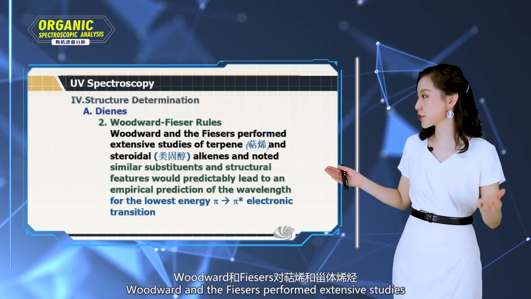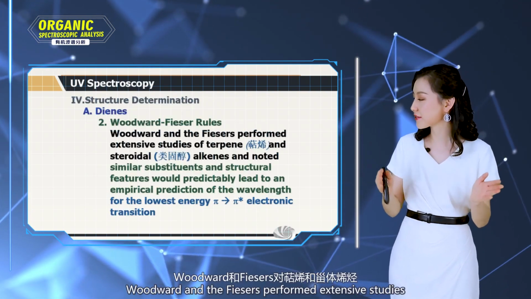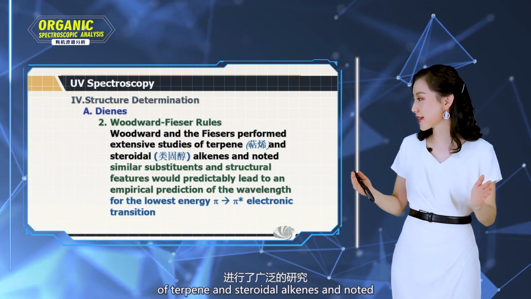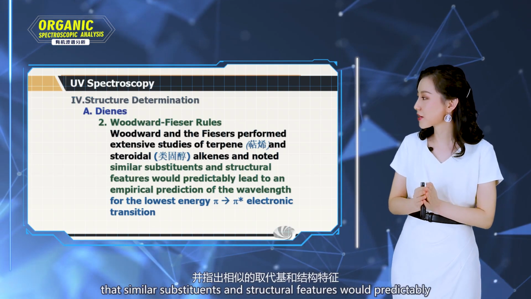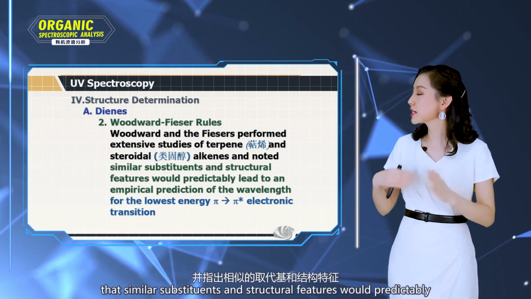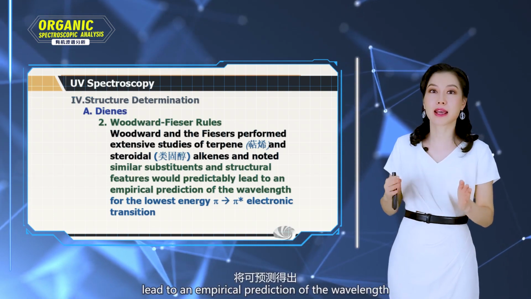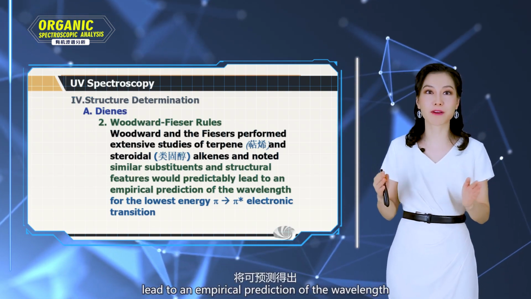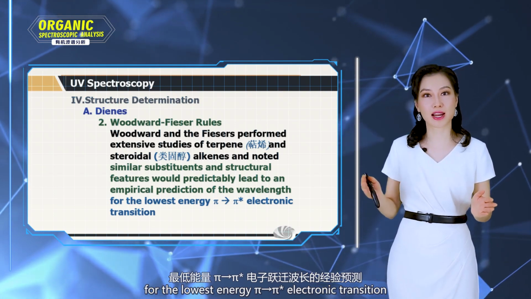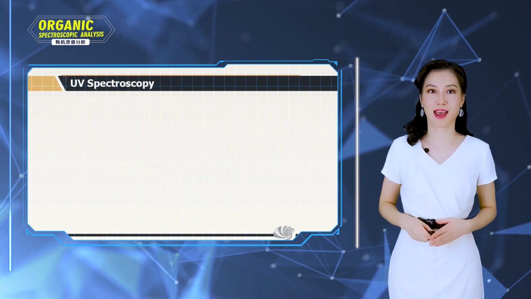Woodward and Fieser performed extensive studies of terpenes and steroidal alkenes and noted that similar substituents and structural features would predictably lead to an empirical prediction of the wavelength for the lowest energy pi to pi star electron transition.